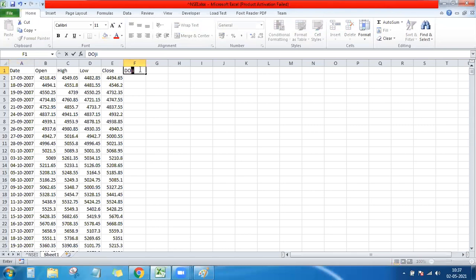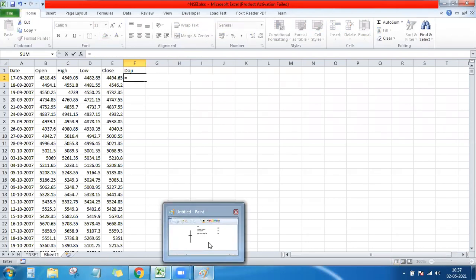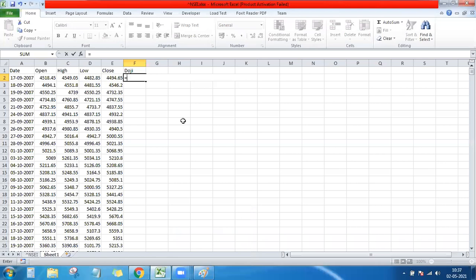So the candlestick pattern is doji, and here, these conditions will be using IF and AND methods. So first is IF, and the AND condition also should be there because we have two conditions.